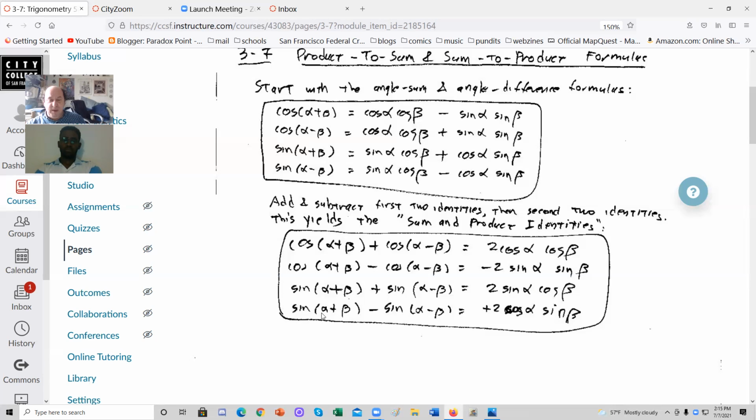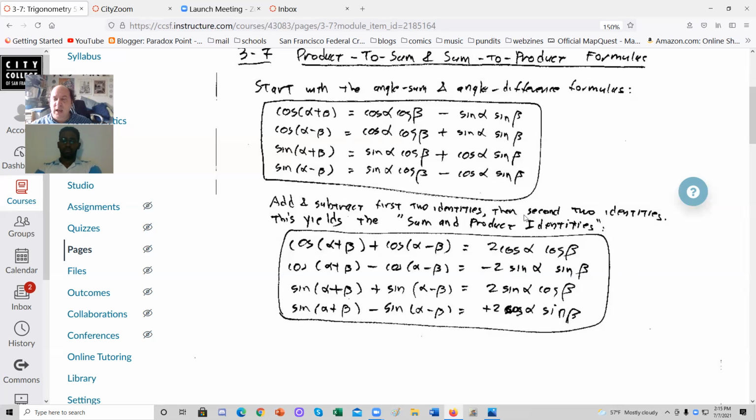So sine of the sum, alpha plus beta, minus sine of the difference, alpha minus beta, equals twice cosine alpha sine beta. Now, it's worth noting, of these four formulas, this one is the oddball. It has a minus 2, and all these others have plus 2. You have to kind of work around that and watch out for it.